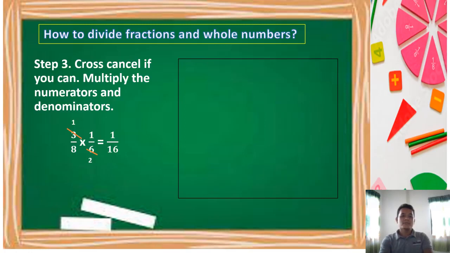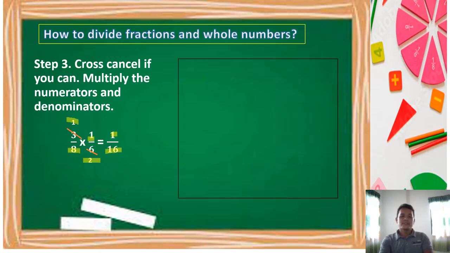Then we'll proceed to multiplying the numerators and the denominators. 1 times 1 equals 1. Then the denominators, 8 times 2 equals 16. So the answer here is 1/16.